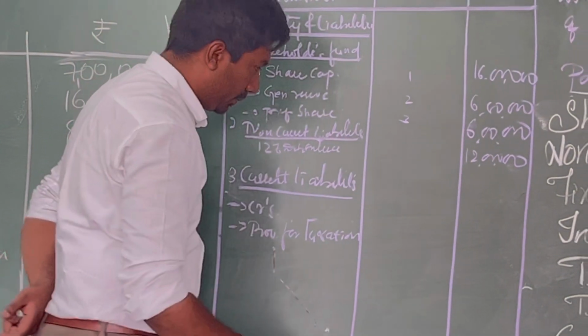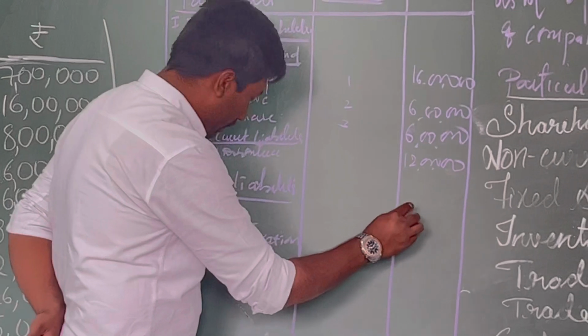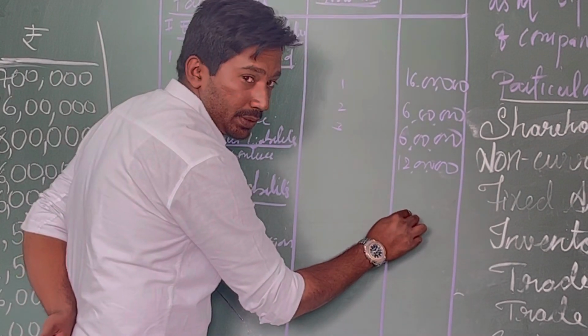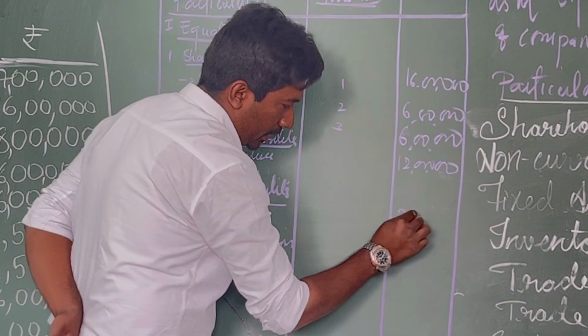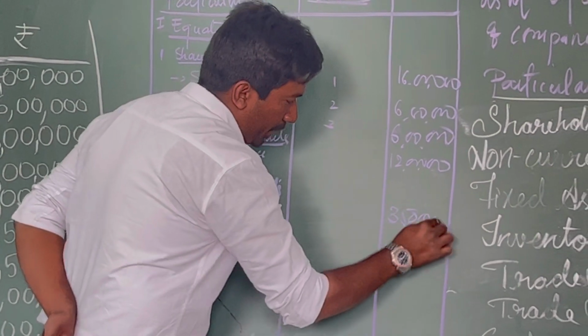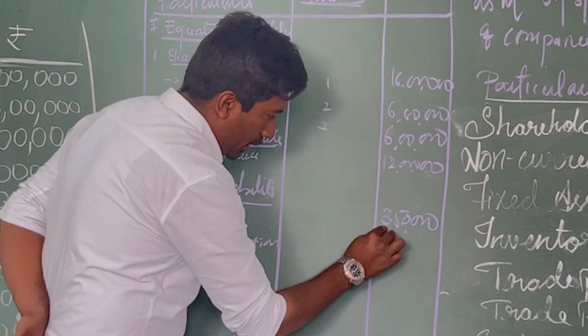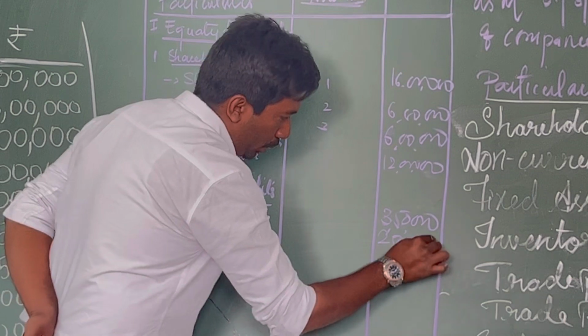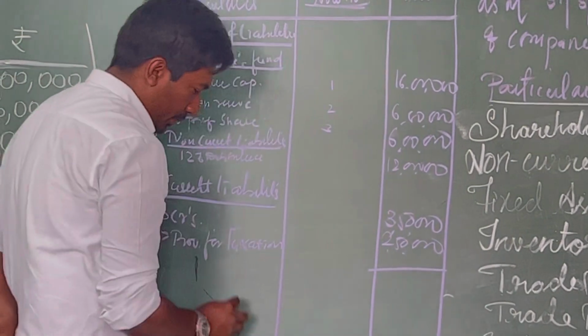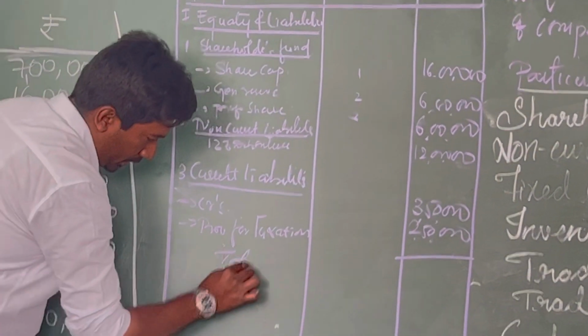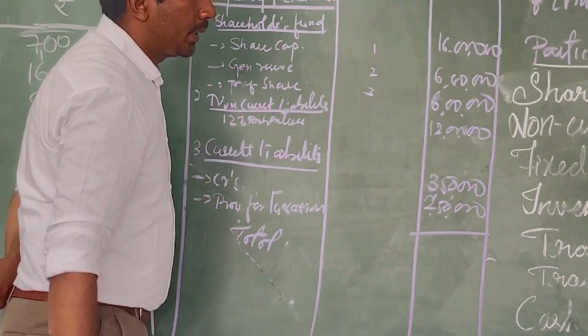What is the amount? Creditors 3,50,000. Provision for taxation 2,50,000. Now total this. 6 lakh.